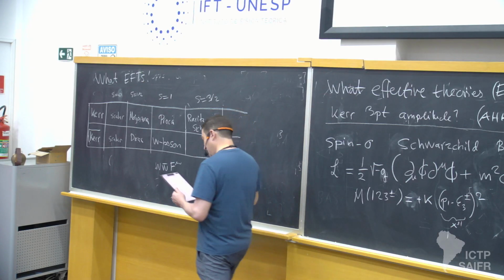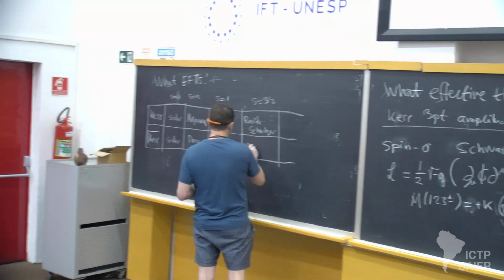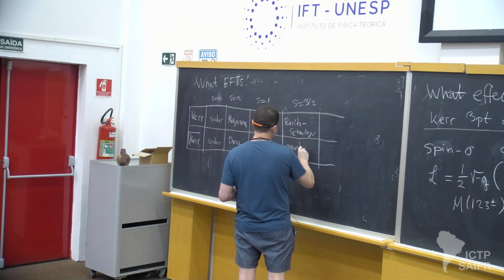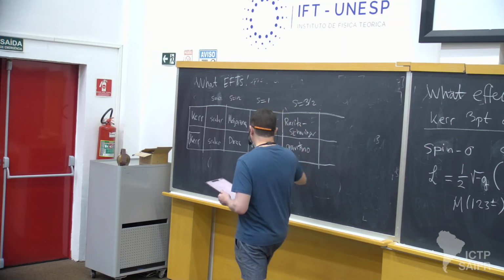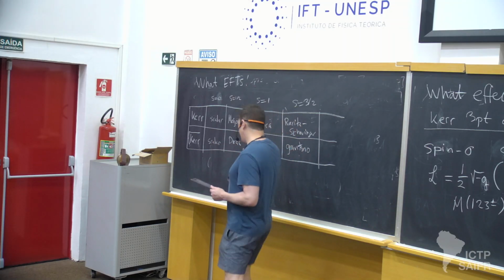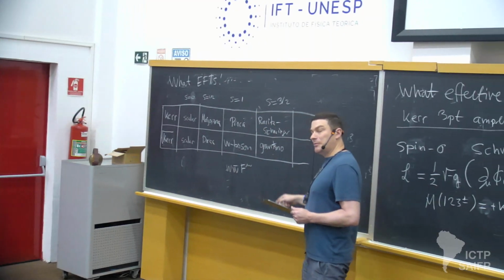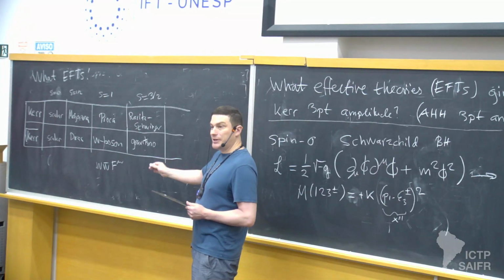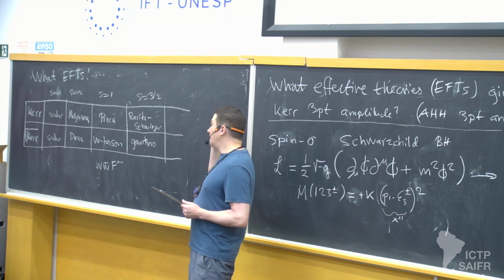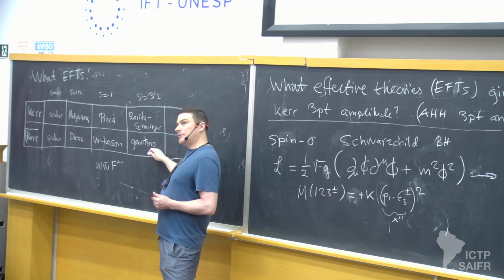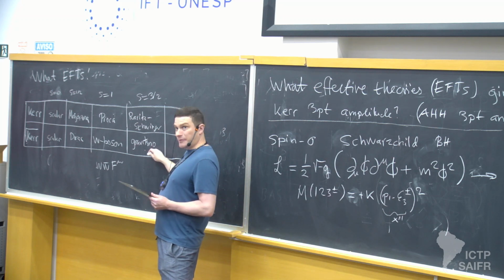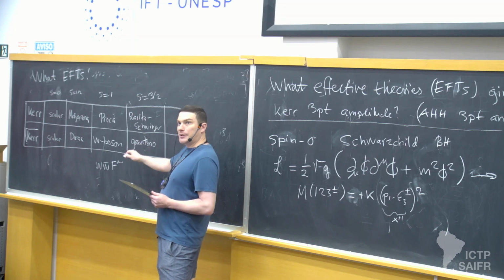Yes, Gravitino. You might be surprised that the Gravitino goes with the gauge theory. This is a gauge theory. But you might remember that when you break supersymmetry, then you get massive gravitinos, and they couple to the graviphoton. So this couples to a graviphoton, and it gives exactly the right coupling.